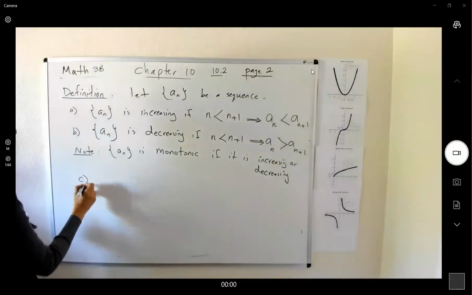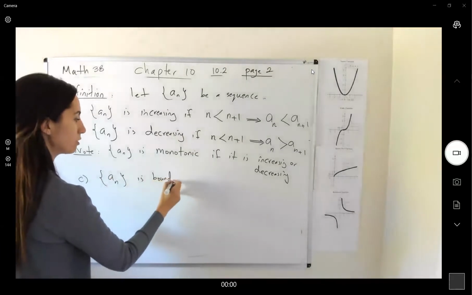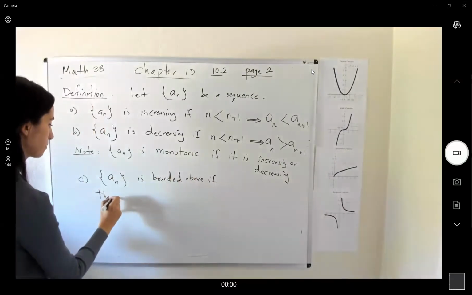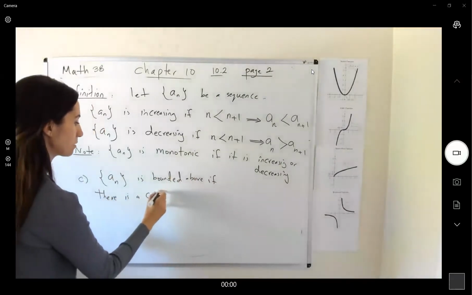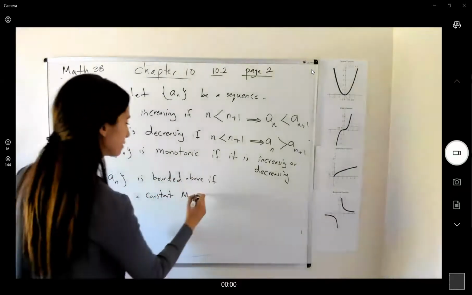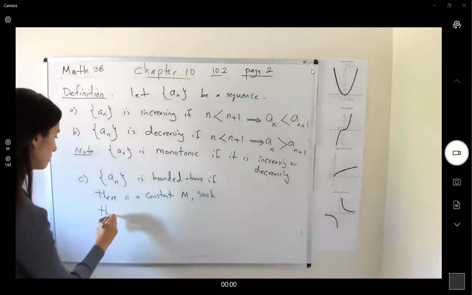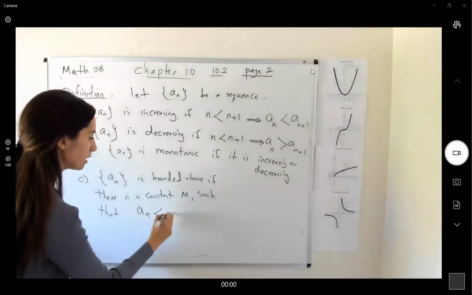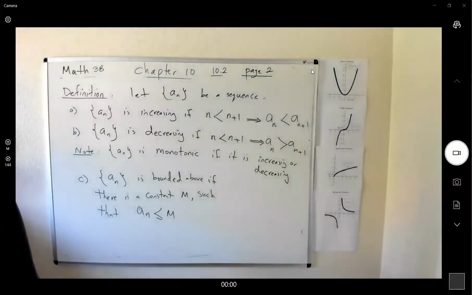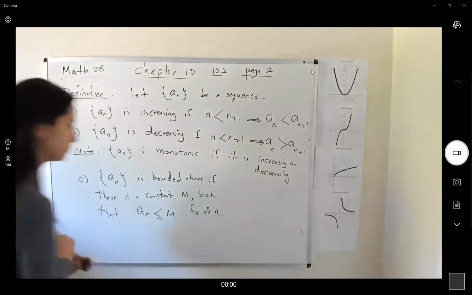We say that a sequence like a sub n is bounded above if there is a constant, a number like m, such that a sub n is less than or equal to m for all n.